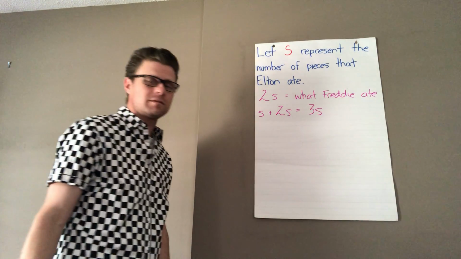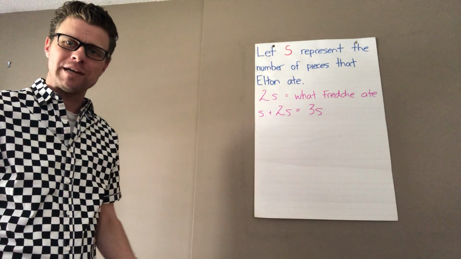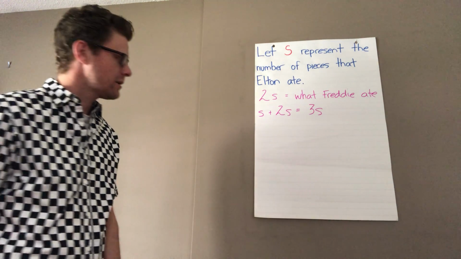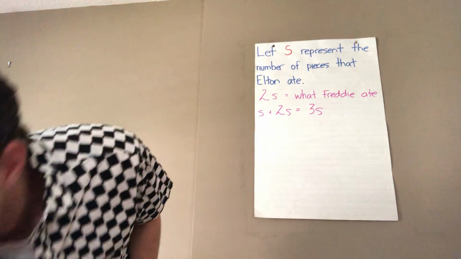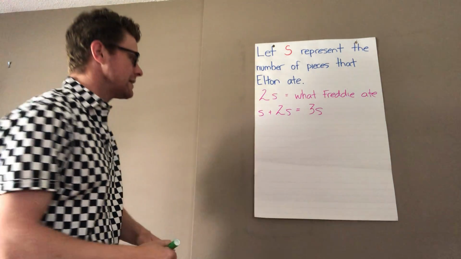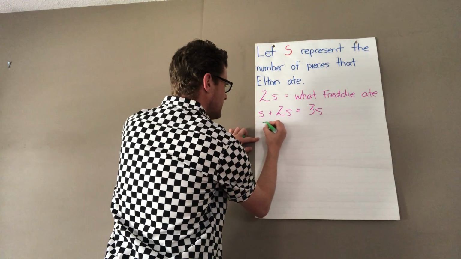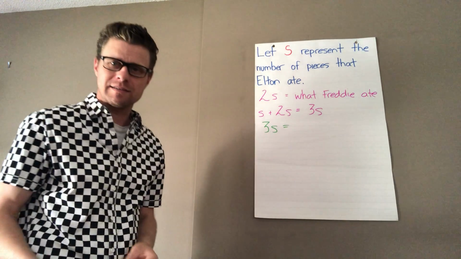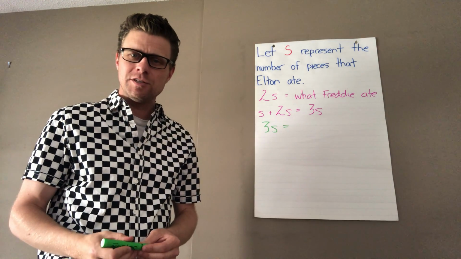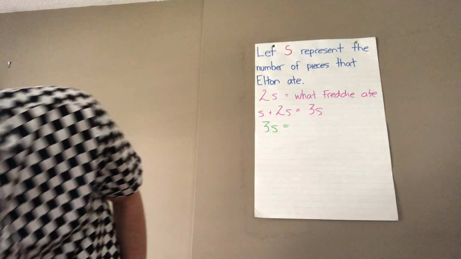Perfect. Now we need to make an equation. We're going to take that 3S, I'm going to get a different color to liven things up a bit. 3S equals what? Do you know what 3S equals?